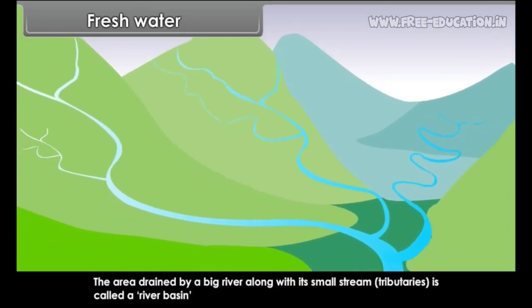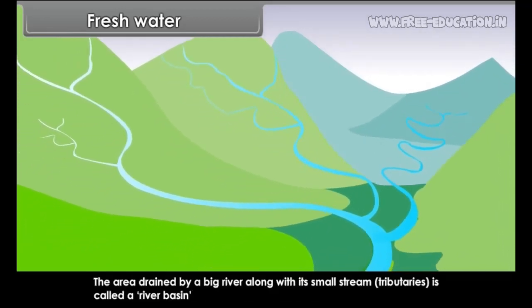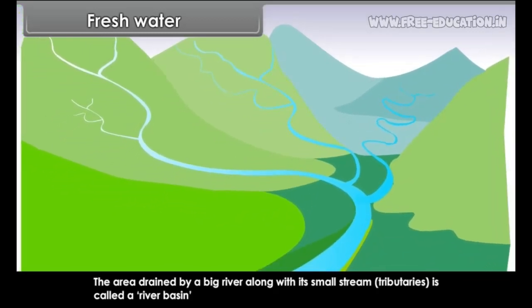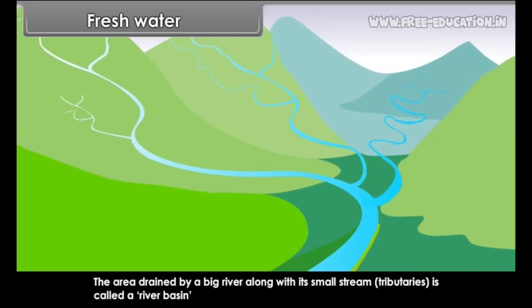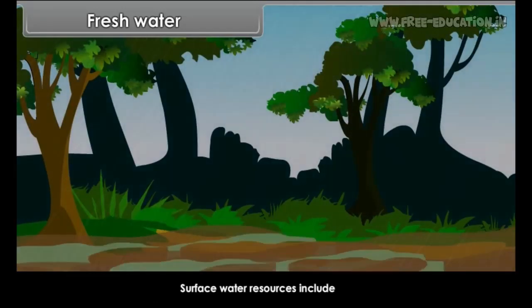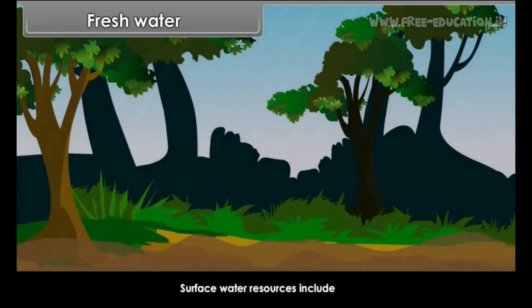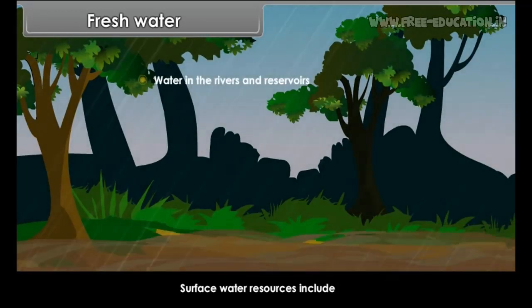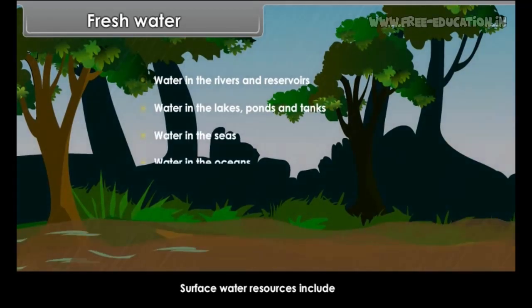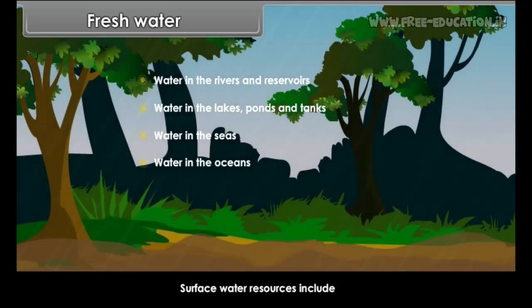The area drained by a big river along with its small streams, tributaries, is called a river basin. Surface water resources include water in the rivers and the reservoirs, water in the lakes, ponds and tanks, water in the seas, and water in the oceans.